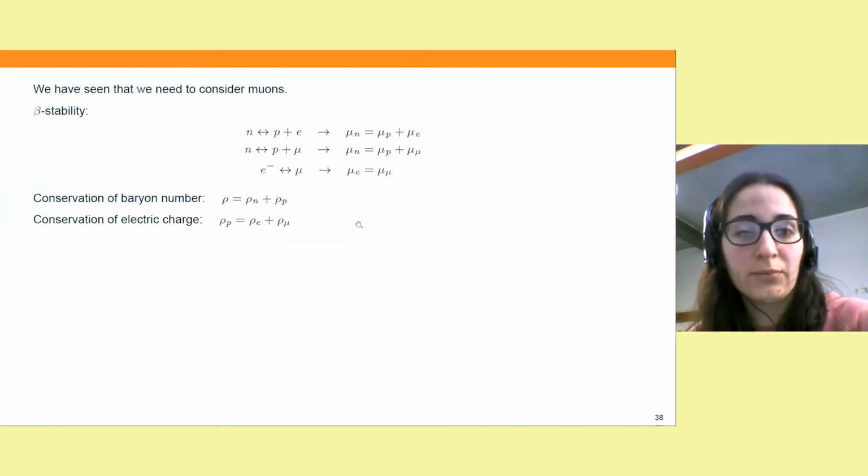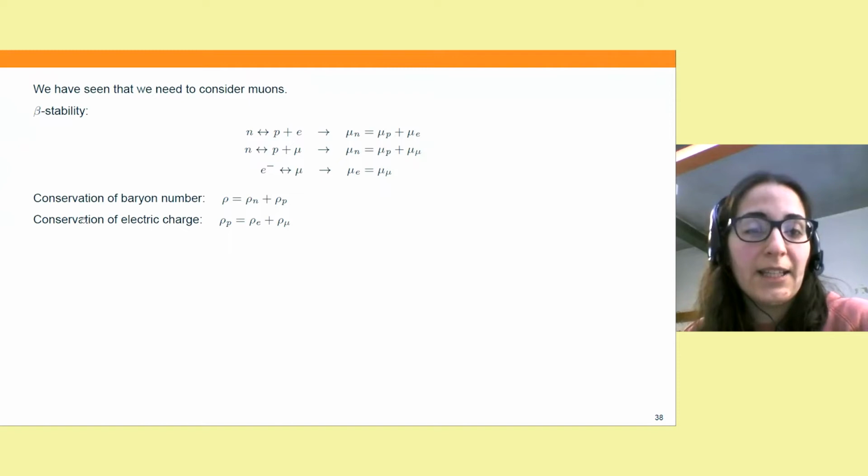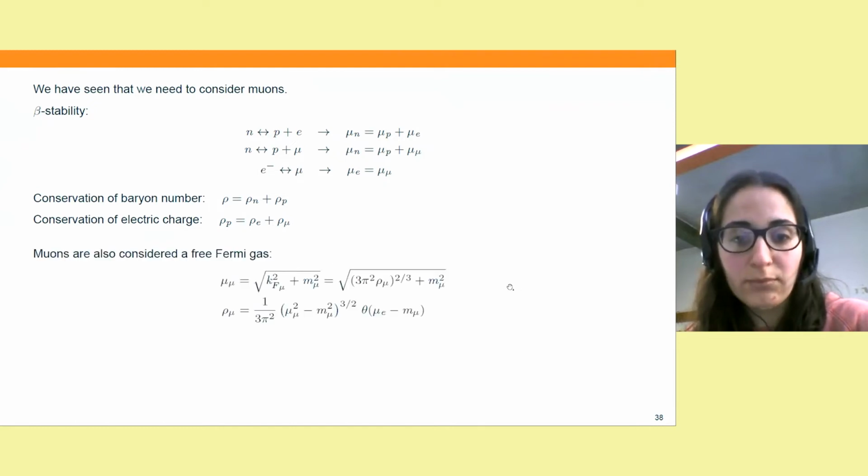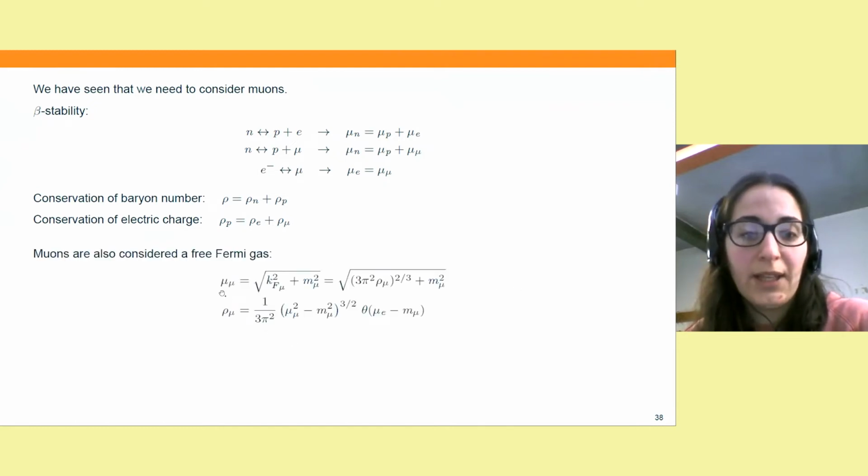So let's do it. In this case, beta stability gives us the relations for the chemical potentials, okay? So we have this additional one: the electron chemical potential has to be equal to the muon chemical potential. And the baryon number conservation reads the same, but for the electric charge, now we have that the proton density has to be equal to the sum of the electron and the muon densities. And for the muon chemical potential, we take this here.